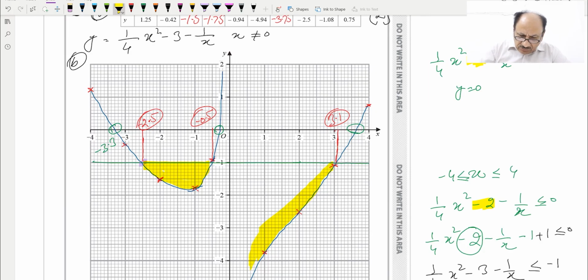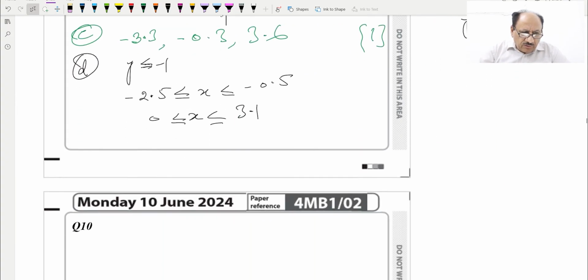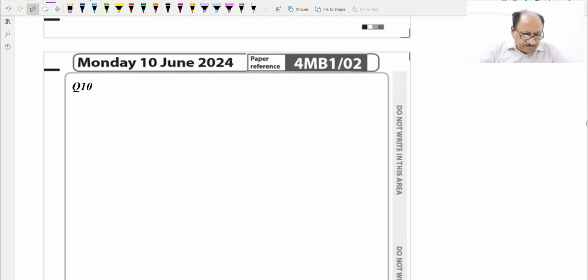So 0 to this, basically we can highlight this portion over here. So the lower portion we can highlight. So this will be our final answer for this question.